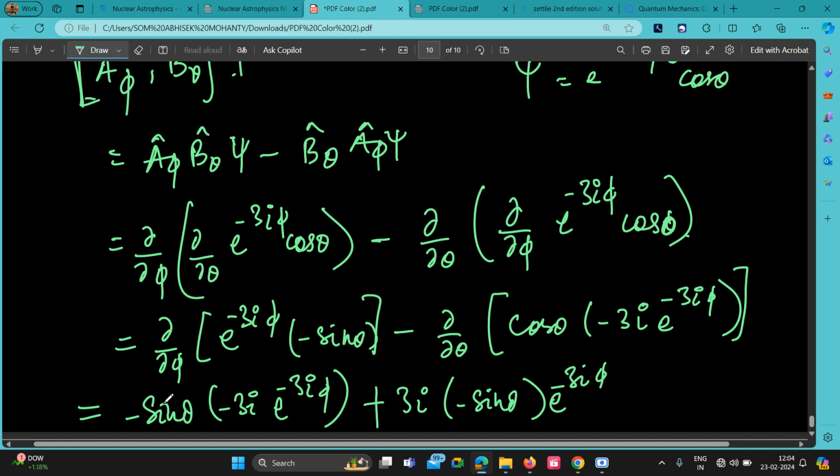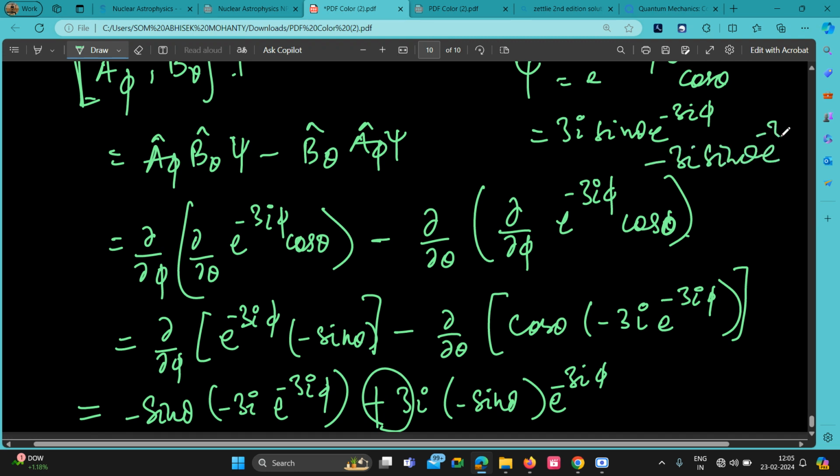If I write this, it is plus 3i sin theta e to the minus 3i phi. This is actually ending up in minus 3i sin theta e to the minus 3i phi plus 3i sin theta e to the minus 3i phi. So this cancels out to 0.